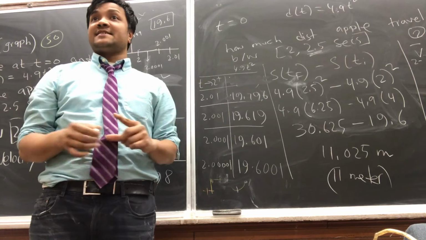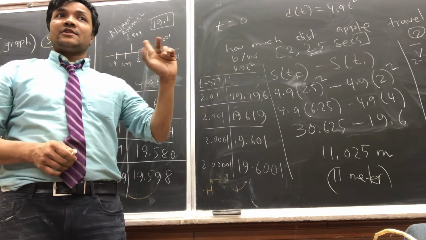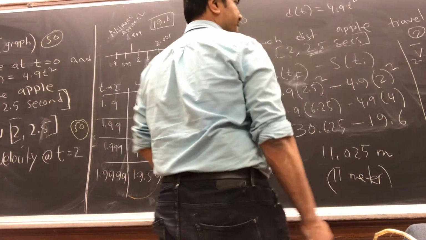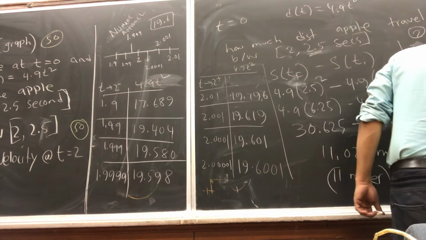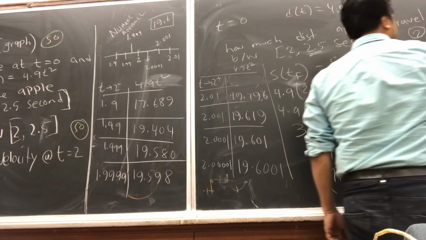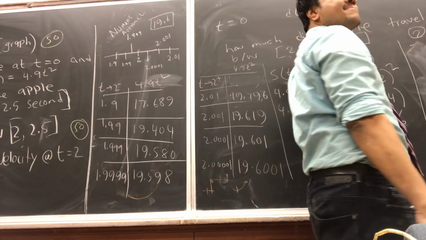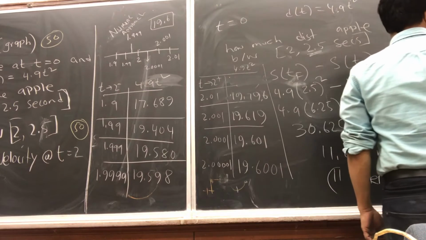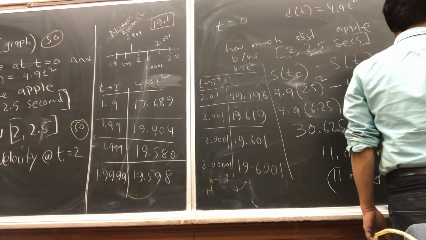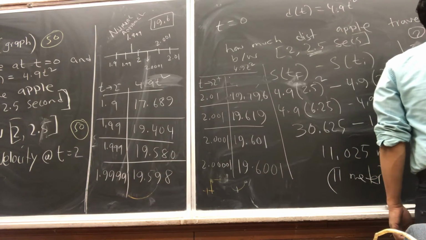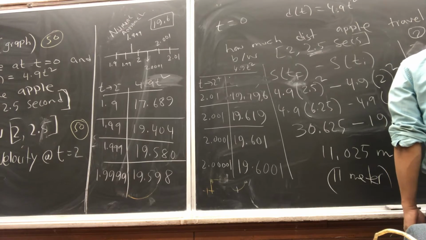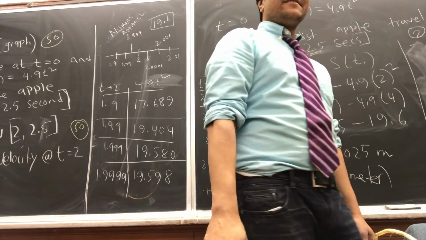That's a lot of velocity. Does that make sense? Now we're going to do the traditional way, using the power rule to check our answer. d(t) is equal to 4.9 t squared, so the derivative is 4.9 times 2t, which is 9.8 t. At t equals 2, 9.8 t is exactly 19.6.